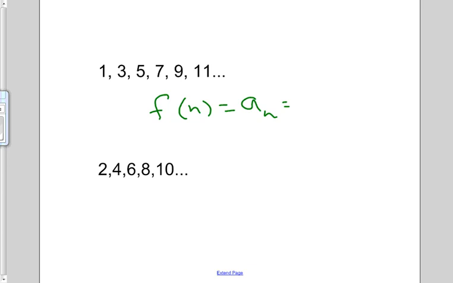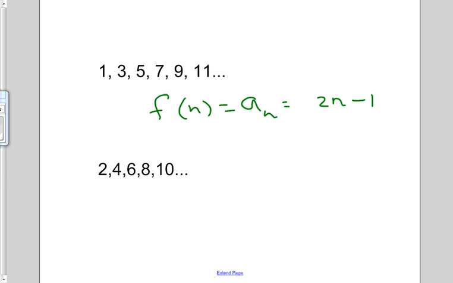So n needs to be doubling, but I want to make sure that it's odd. So the way that we could write that is 2n, and that'll make sure that I increase by 1. And then I'm going to put a minus 1 here. And we could put plus 1 as long as we have our counting the right way.